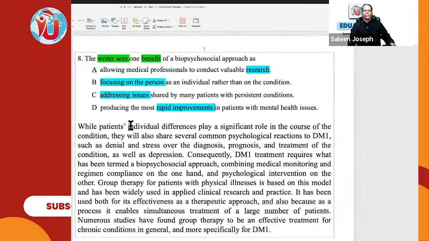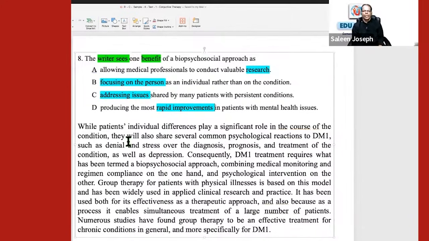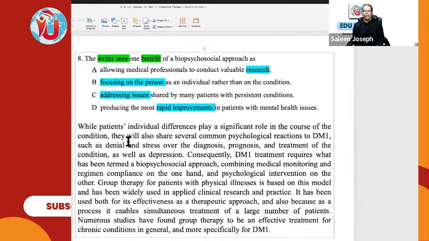While patients' individual differences play a significant role in the course of the condition, they will also share several common psychological reactions to DM1, such as denial and stress over the diagnosis, prognosis, and treatment of the condition, as well as depression. Now, this is a complex sentence. I have taught you in the writing subtest: simple sentence, compound sentence, and complex sentence.